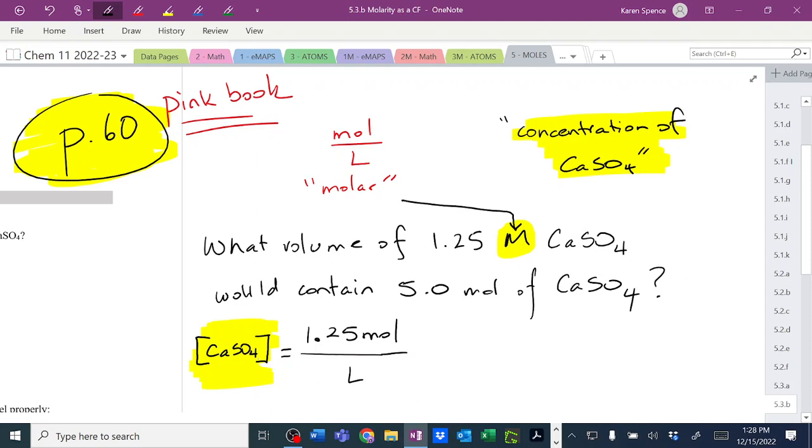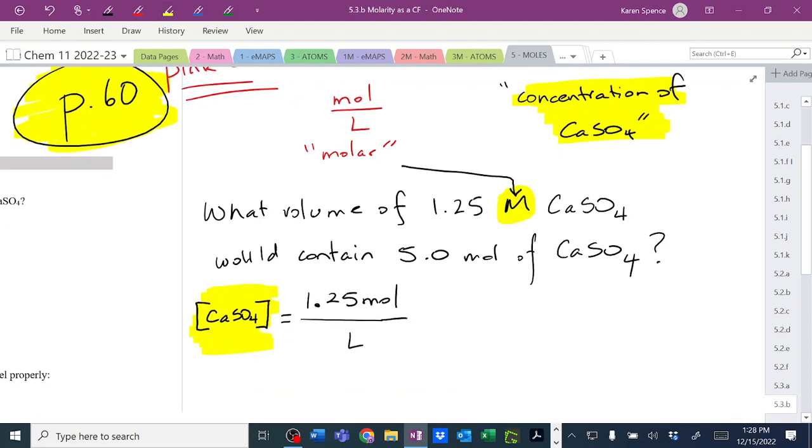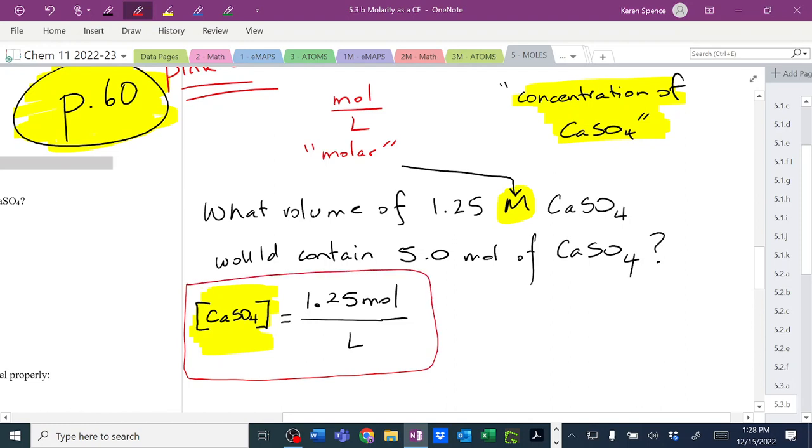Is that going to be an initial quantity or is that going to be a conversion factor? We have two numbers in our question: 1.25 molar and 5.0 moles.